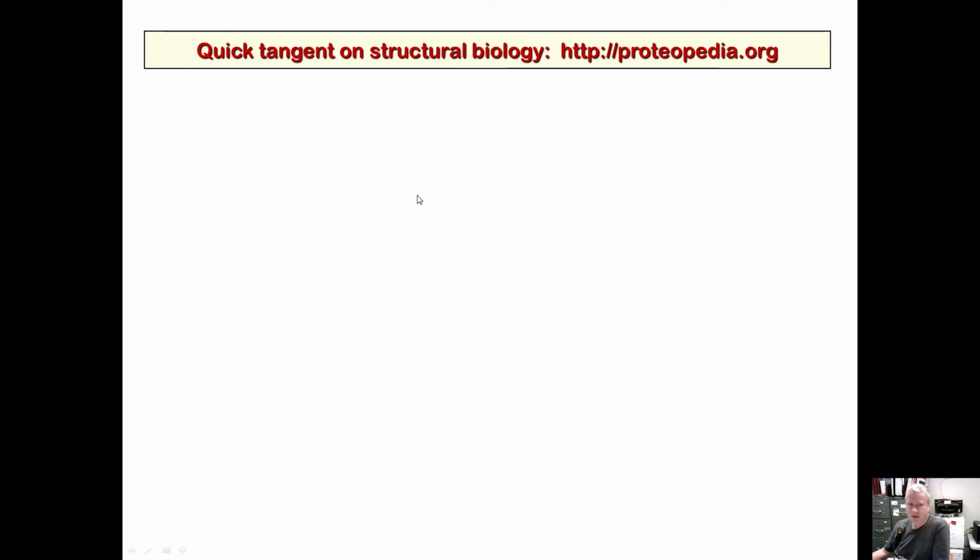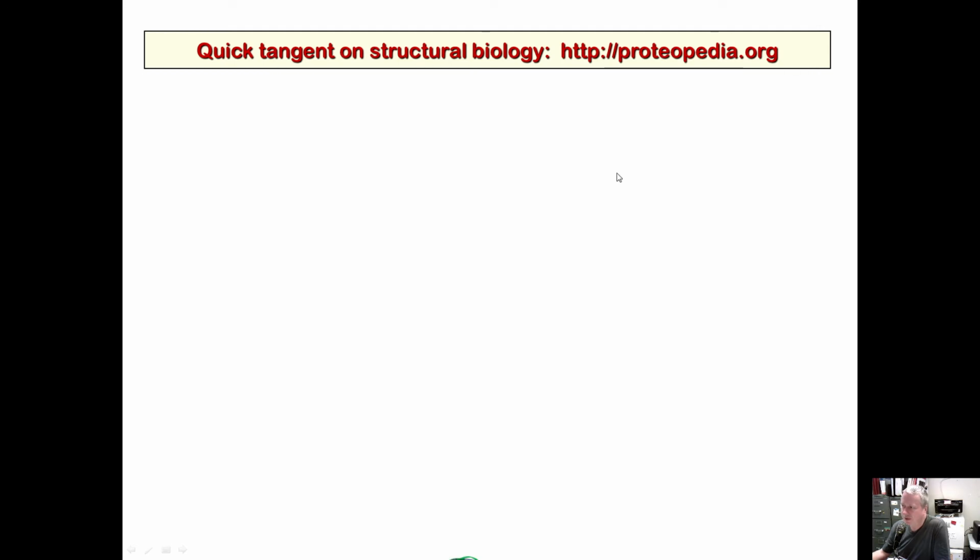Okay, so I want to talk about a website called Proteopedia real quick, which is pretty cool. Just some other place to look at things related to structural biology, and structural biology would be like crystal structures, and other three-dimensional structures, NMR structures of proteins.